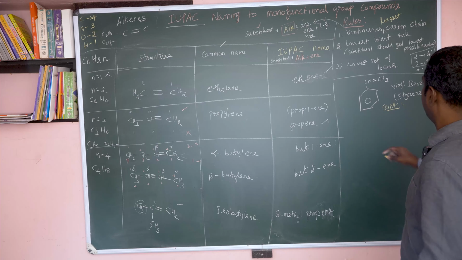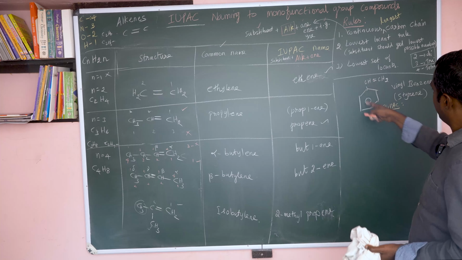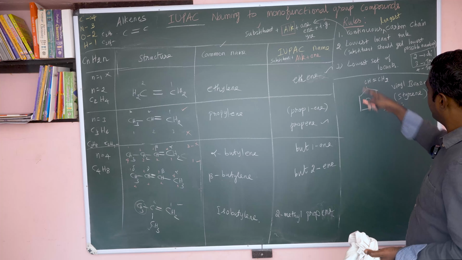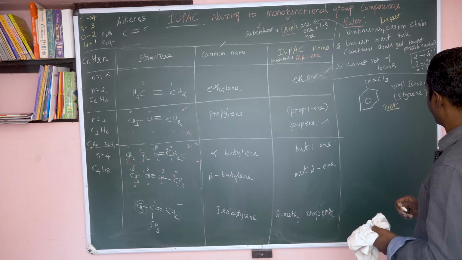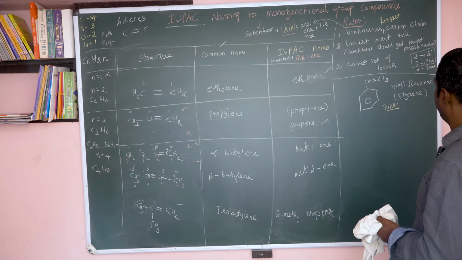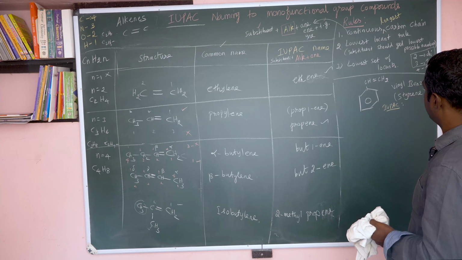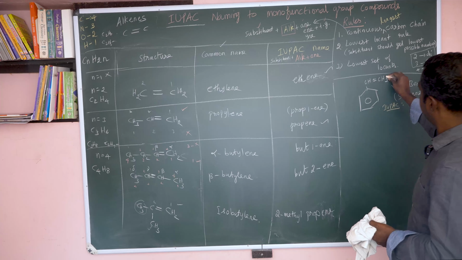Let us see. This compound contains 2 carbons here and one benzene ring is attached here. So actually, what should be the name? Vinyl benzene is already given. Can we give it like this? CH double bond CH2 is the main part.